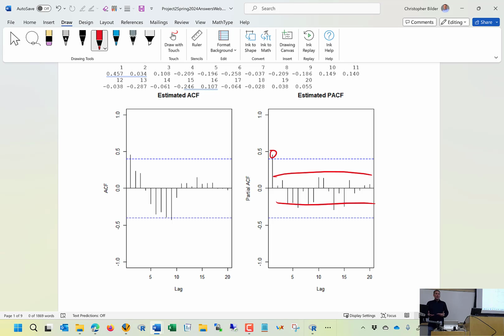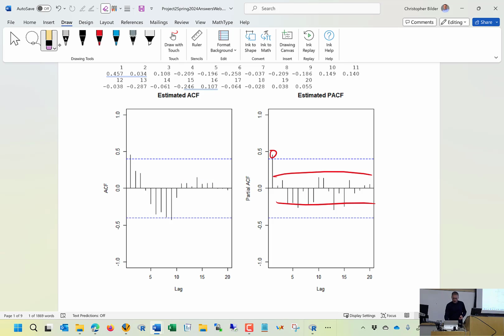That doesn't mean it is 0, but if I were to interpret it relative to, let's say, an AR1 model, I would need it to be 0. Then this also means that if I had an AR1 model, I have a tailing off that starts at essentially lag 1. So it says, okay, I don't need any moving average terms. And so in this case, P equals 1, Q equals 0. I think those are the two most likely possible models here.